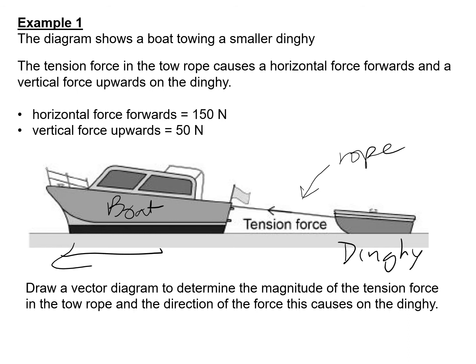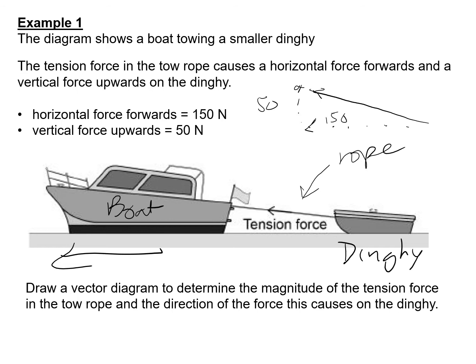We're given some information about the force. We're told that the horizontal force forwards is 150 newtons and the vertical force is 50. So if you look at that rope carefully, it goes up slightly, doesn't it? So it pulls that way with 150, and it actually pulls up as well with 50.